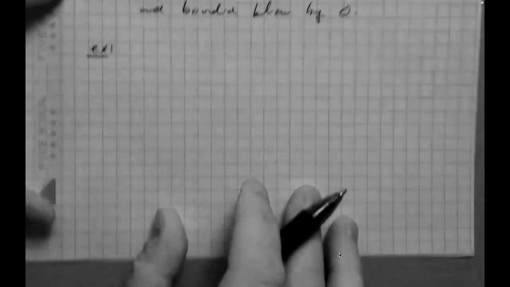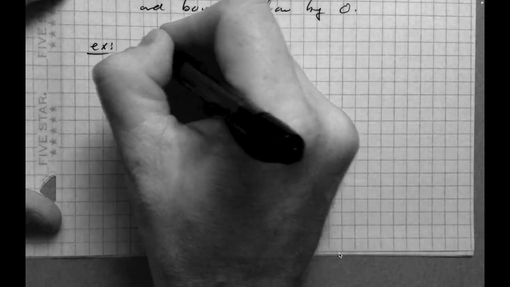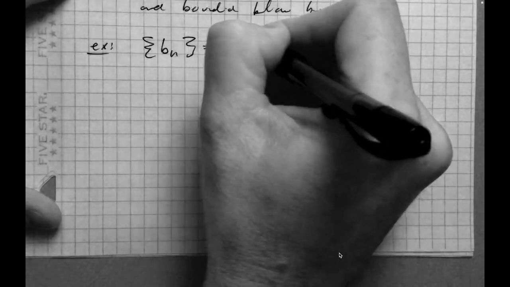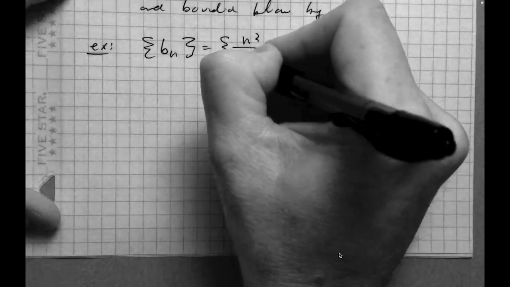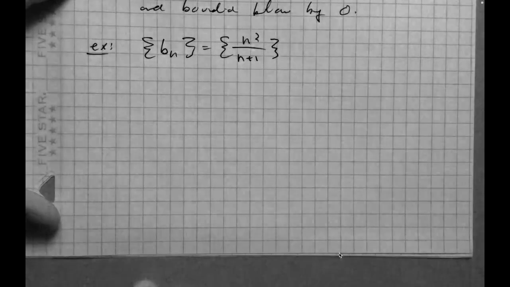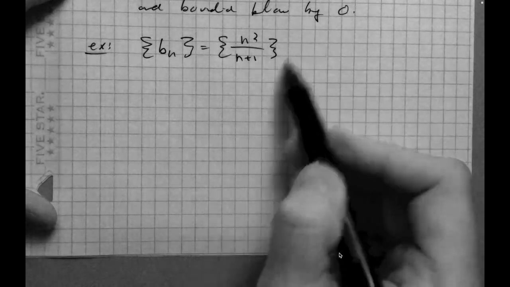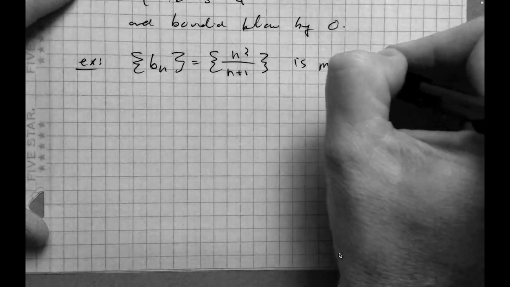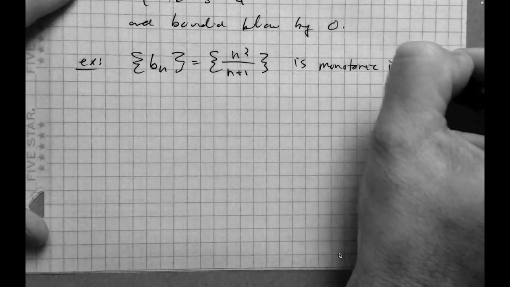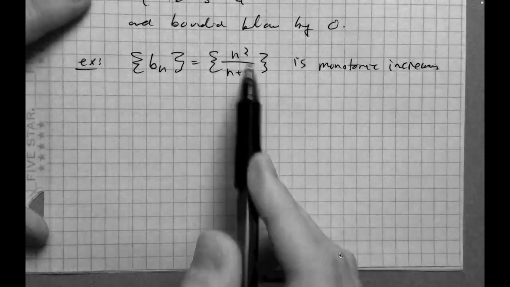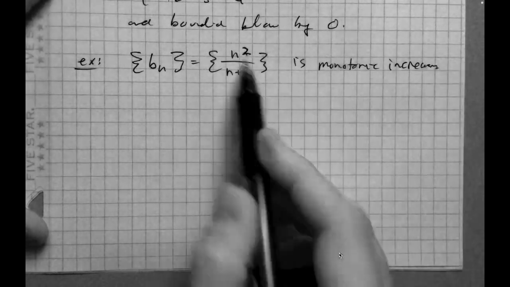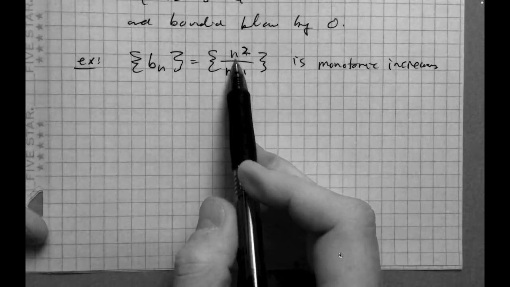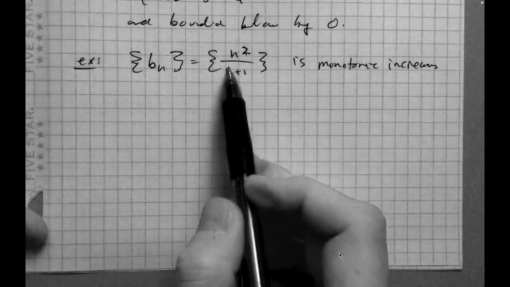Another example. B sub n equals n squared over n plus 1. This is monotonic increasing. That's clear. Whatever n happens to be, if it's 2, then this would be 2 squared over 2 plus 1.